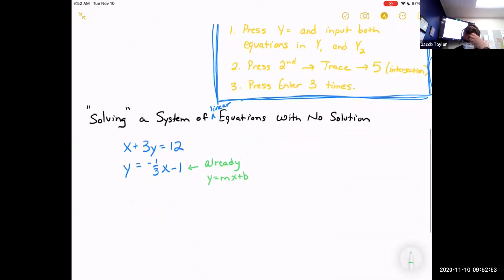Okay. So this has a slope of -1/3 and a y-intercept of -1, or (0, -1) as the coordinate.